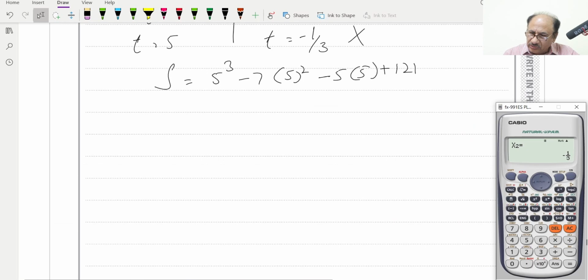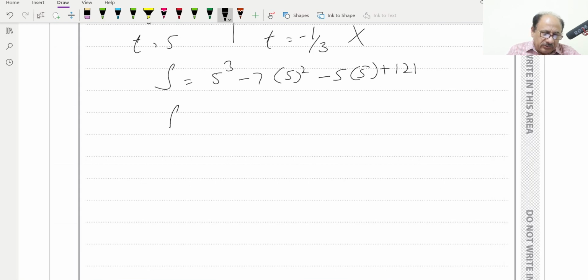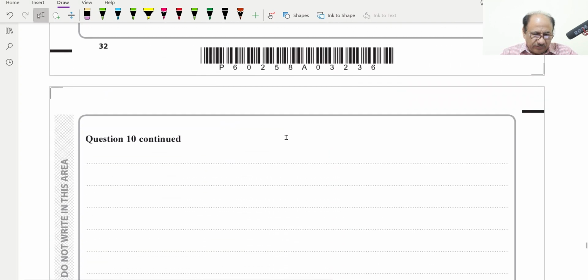If I use a calculator for that, 5 cubed minus 7 into 5 squared minus 5 into 5 plus 121 is equal to 46. So the s value will be equal to 46. This is our final answer for this question.